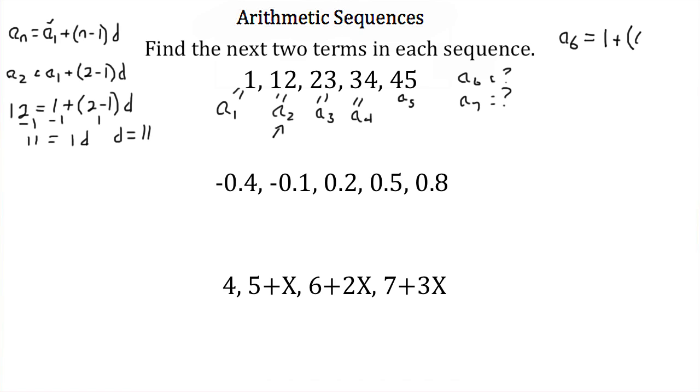So it would be 6 minus 1. And then our common difference, which you already found, is 11. So this would come out to be A6 is equal to 1 plus 55, because this is a 5, and then 5 times 11 is 55. So our A6 is equal to 56.